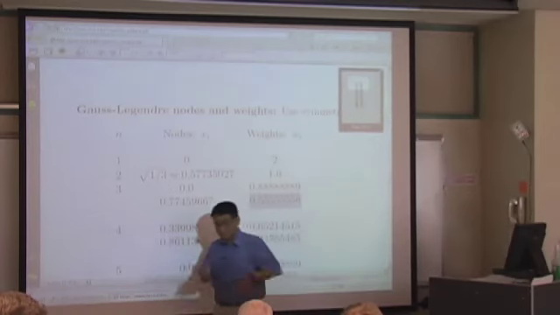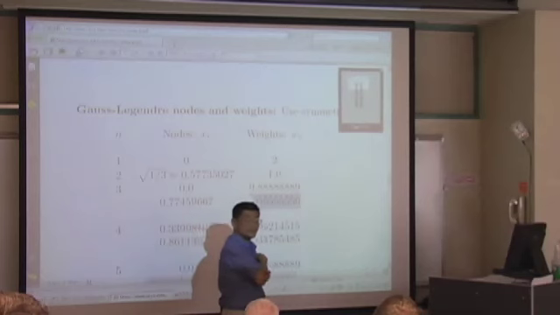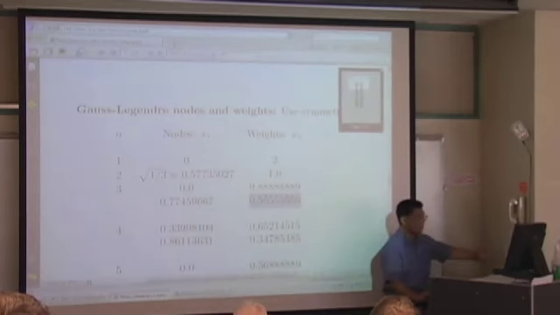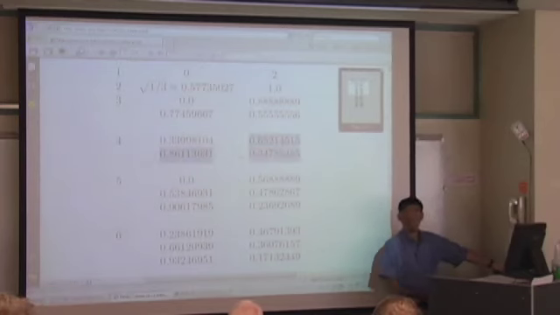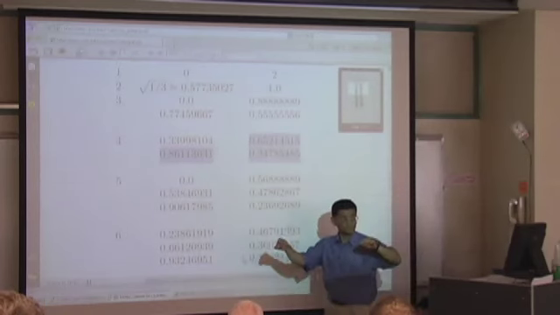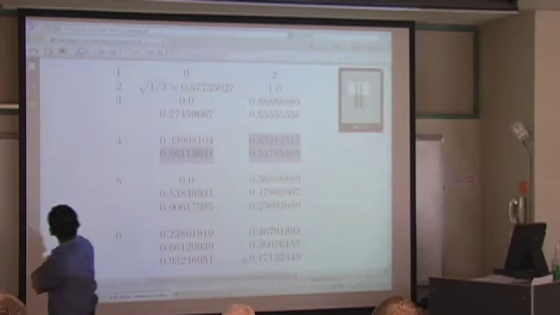Do you follow me? So I just wrote the half portion. The other half uses symmetry. But if we use 4 points, then this one and negative this one, with weight here. And this one and negative of this one and weight. So we pick 4 points. So we do this. This is the idea of Gaussian quadrature.